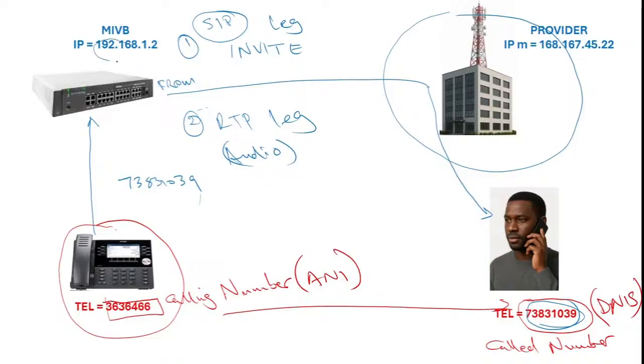Let's say this IP address, and then it's going to carry a to, the IP address of our provider. So it's going to invite 73.